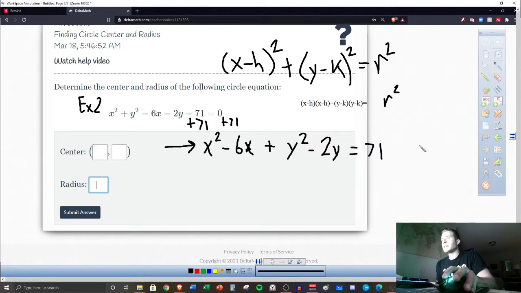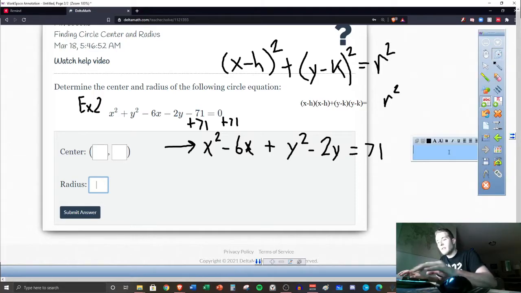I'll write these steps out to the side. I'm going to say what we did here, right? So we're going to say group up the same variable terms.